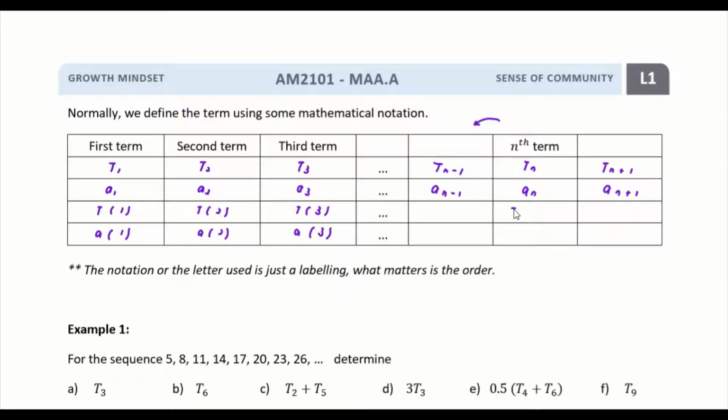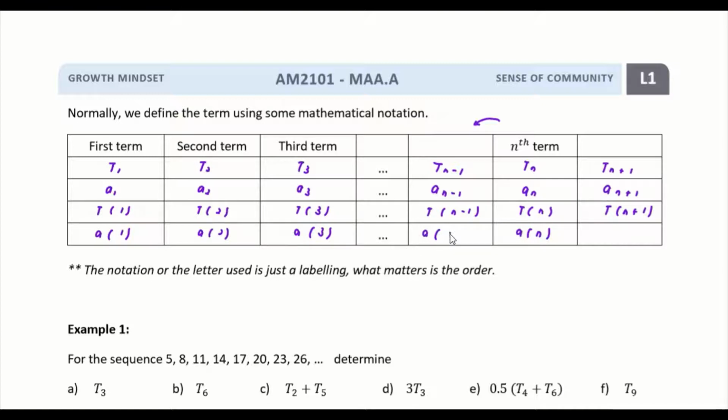Okay, so similarly, we can write it as Tn in brackets as well. Then Tn minus 1, Tn plus 1. Okay, so the same thing for the last one.